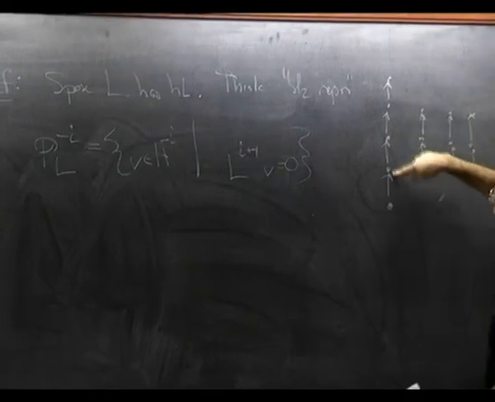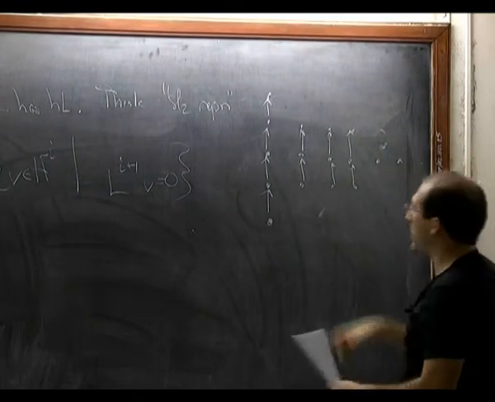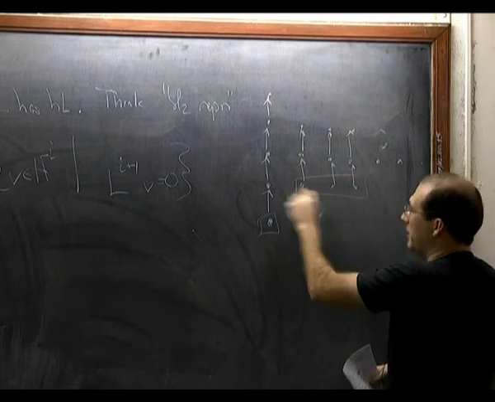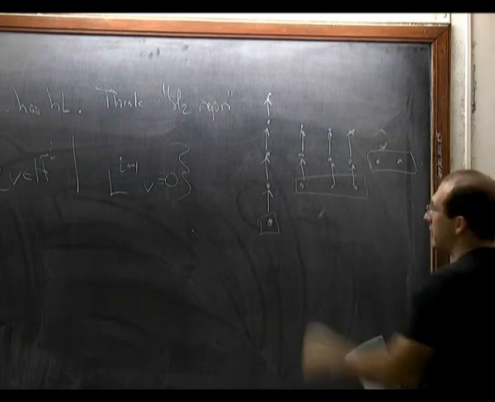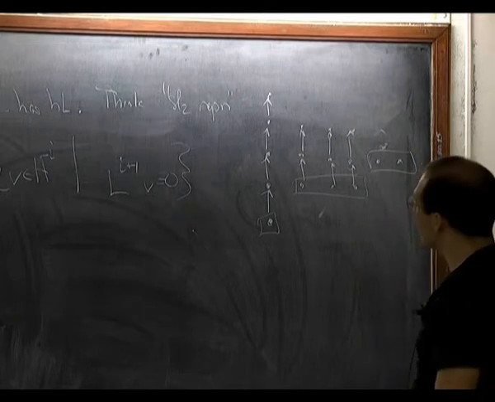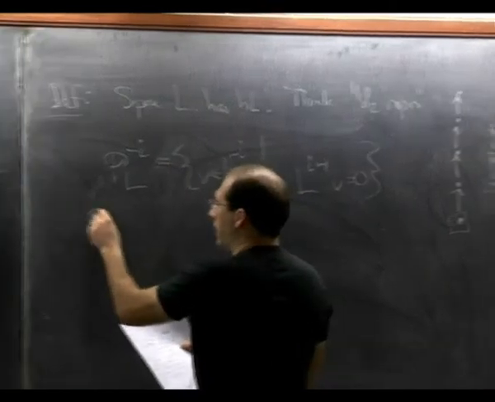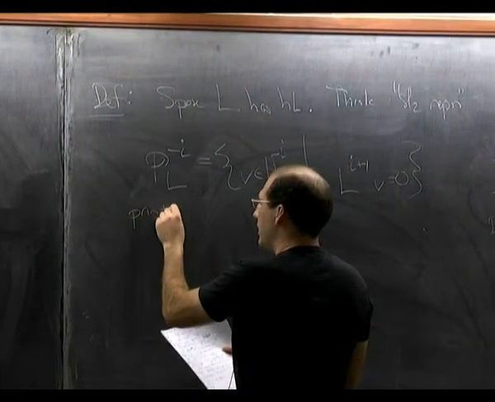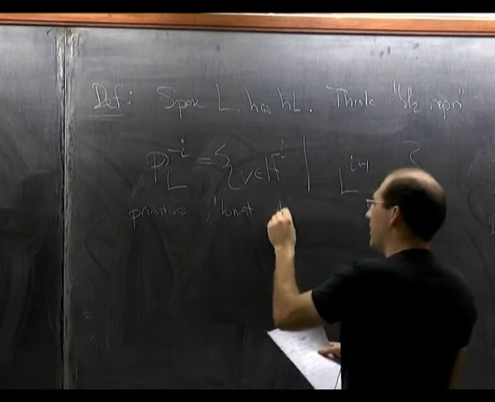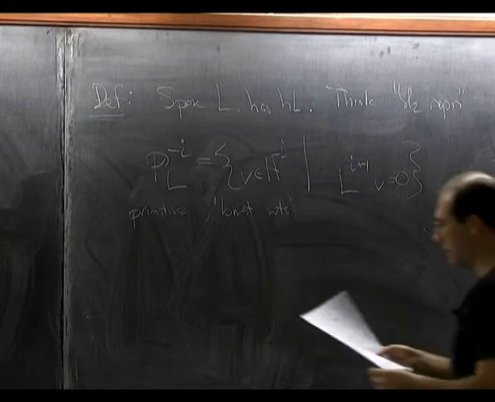But if we start with this guy and we apply L squared, and then one more time we don't get 0. Okay, so the primitive space in degree minus 4 is this. Primitive space in degree minus 2 is this. Primitive space in degree 0 is this. The span of those guys. These are called primitives, and you should think of them as the lowest weights of an SL2 representation.